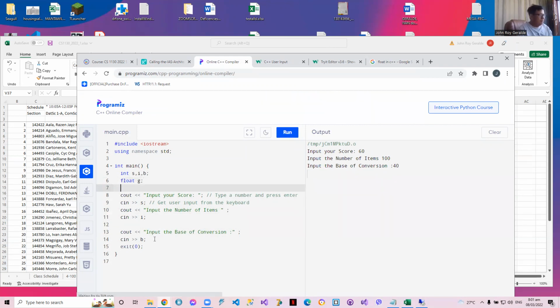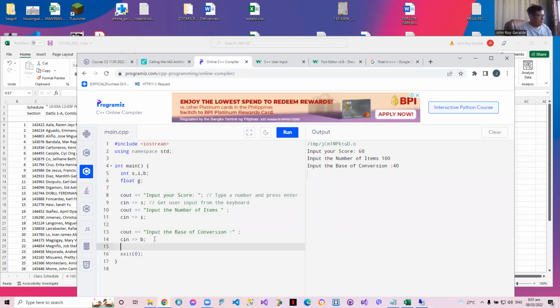Float G as the grade. What's the grade? Is equal to score over items times 100 minus B divided by B. Okay.